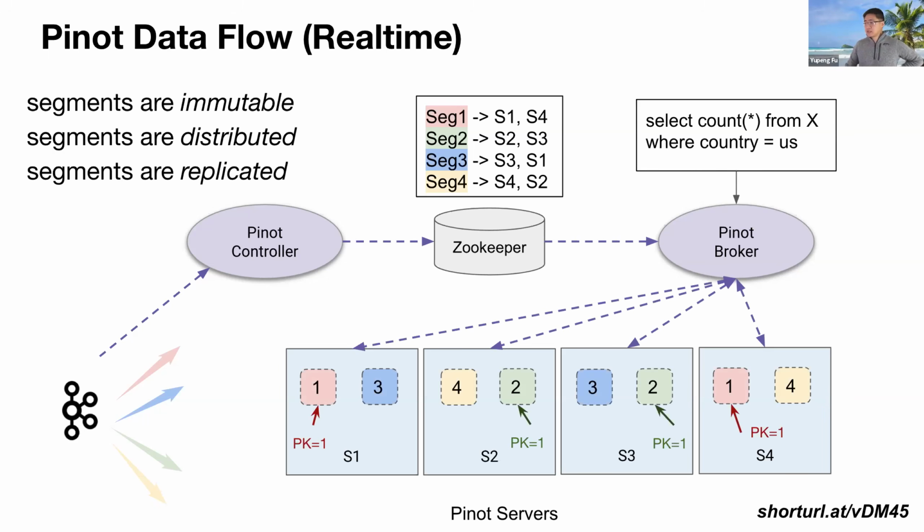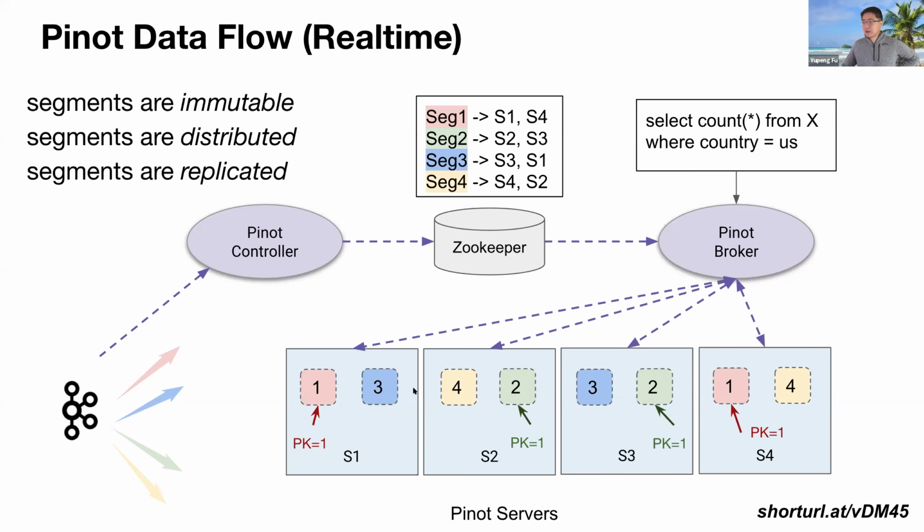For Upsert, data is identified by a primary key. And essentially we want to track the information of the data records that share the same primary key, right? So in this case, assume there's one record of primary key 1 in segment 1. And the next record, which is a record to update this primary key 1, is in segment 2.